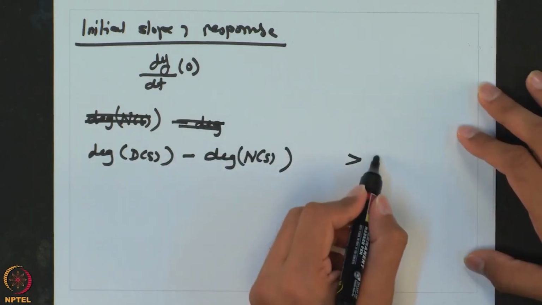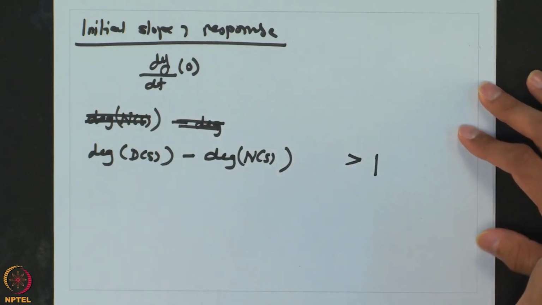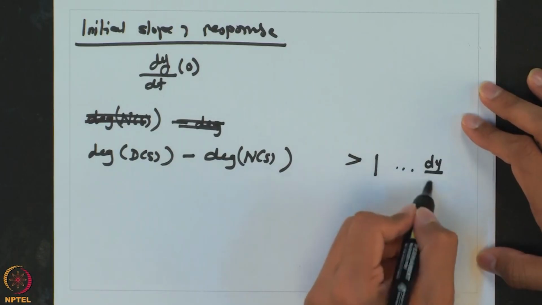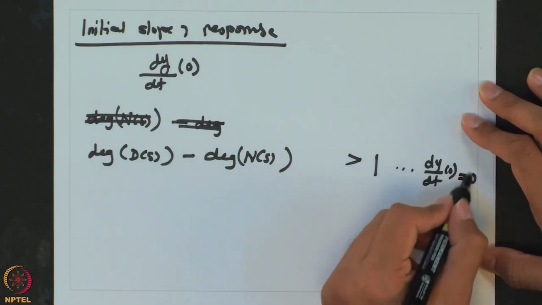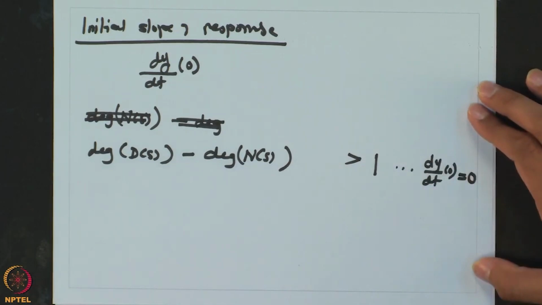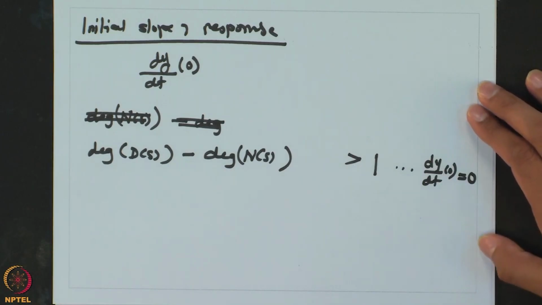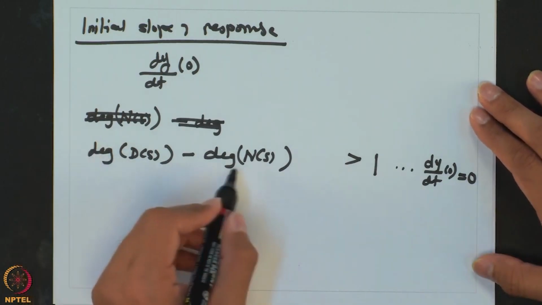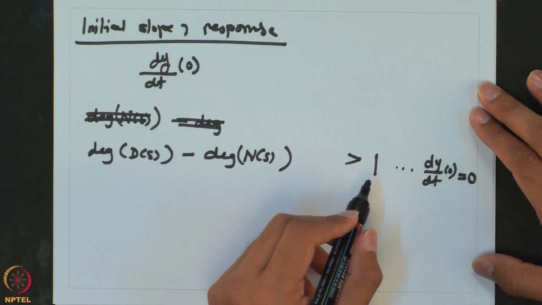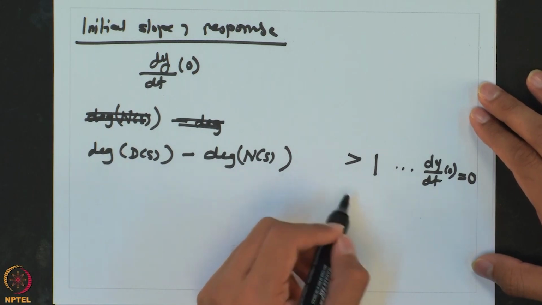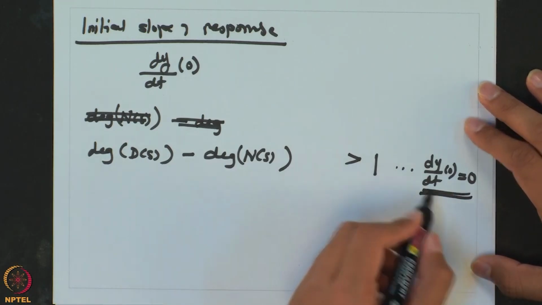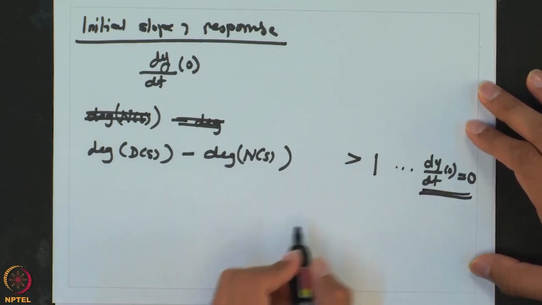If this difference is greater than 1, then the initial slope will be equal to 0. That was the case when we had a pure second order or a pure higher order system. In that case, the denominator polynomial degree was greater than the numerator by more than 1. So, in that case, the response does not start immediately. The response has a 0 slope at time t equal to 0.